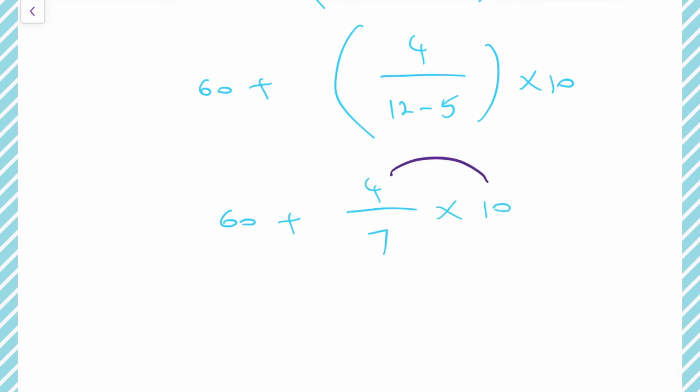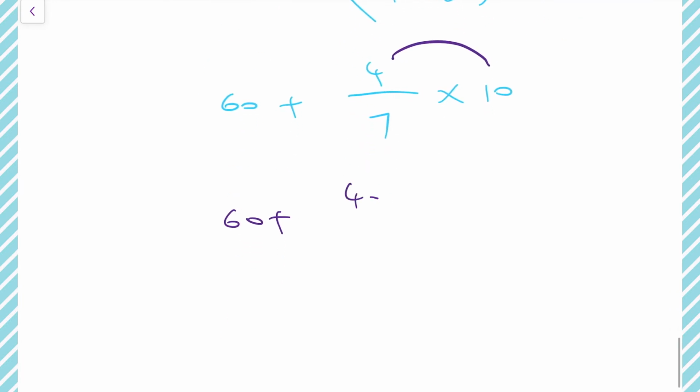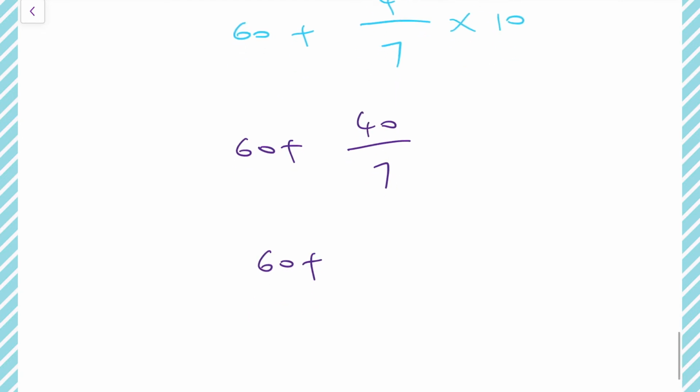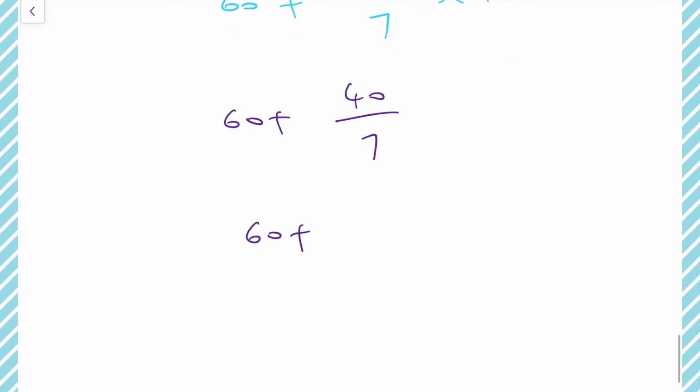Now these two numbers I'll multiply. So we get 60 plus 4 tens are 40 divided by 7. So 60 plus 40 divided by 7, 5.7. Let us add these two. 60 plus 5.7, 65.7. So the mode of the given data is 65.7.